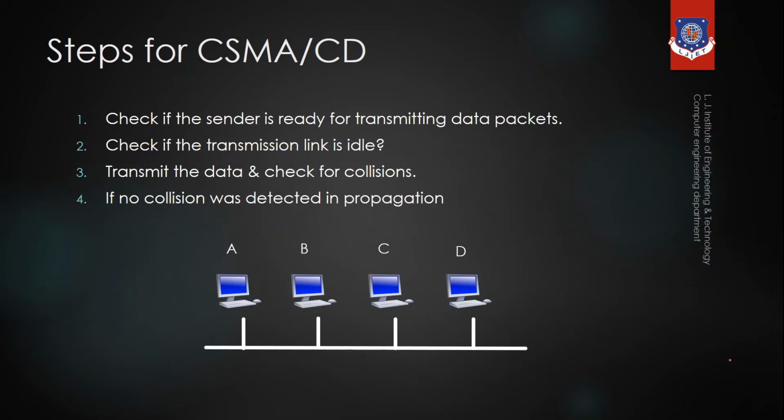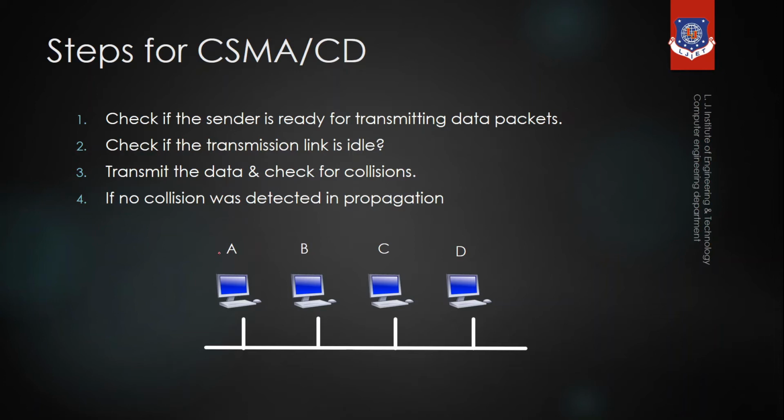Now let's discuss the steps required for CSMA/CD. As you can see, there are 4 devices, A, B, C and D, connected to each other using bus topology. In order to send data, each device has to follow these 4 steps.